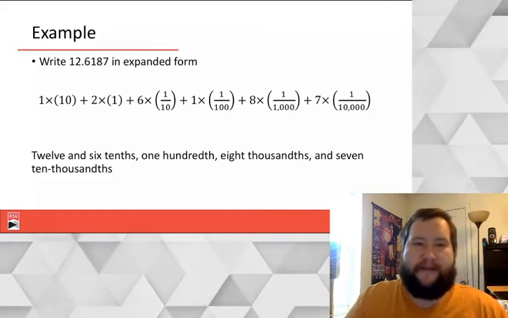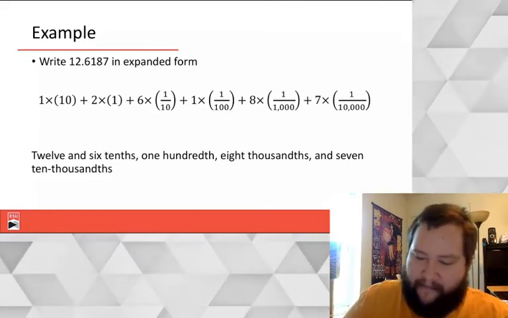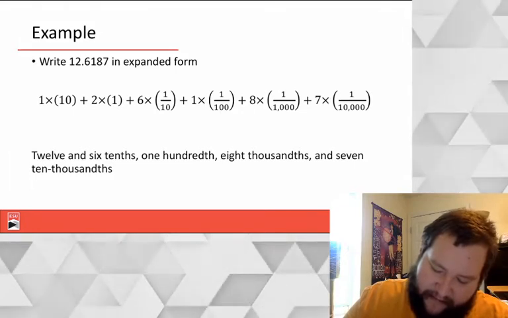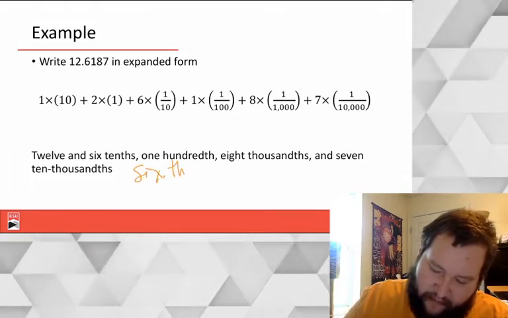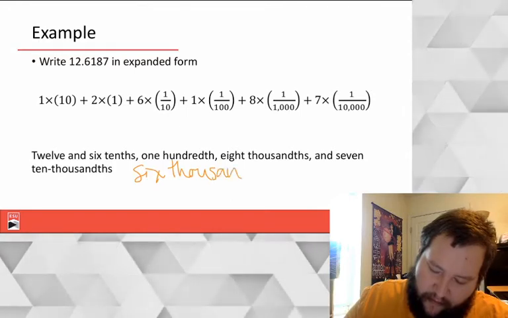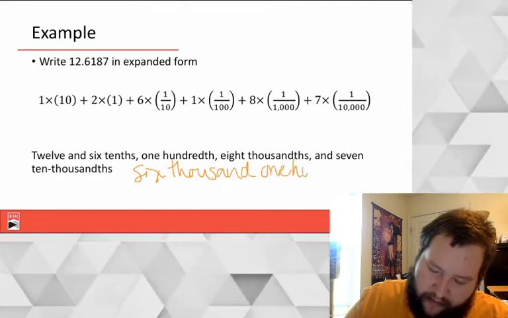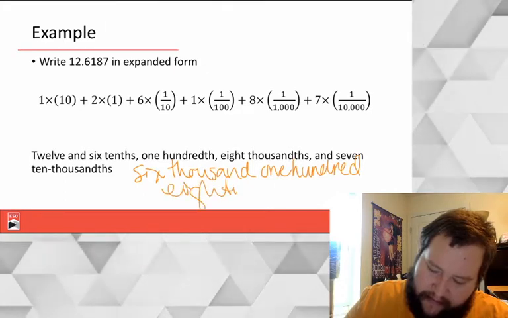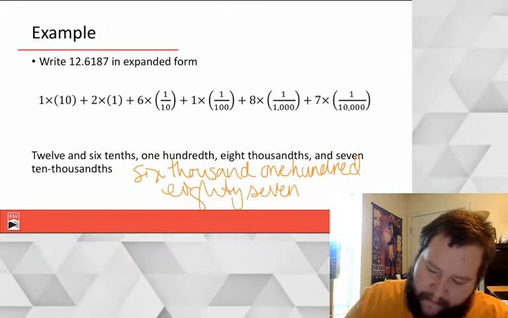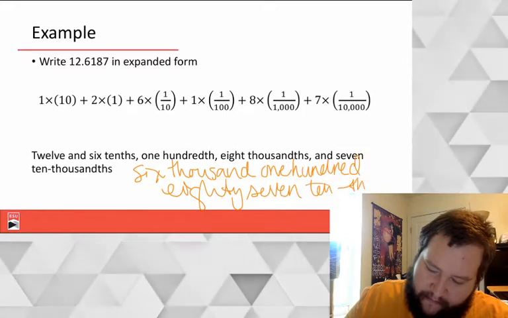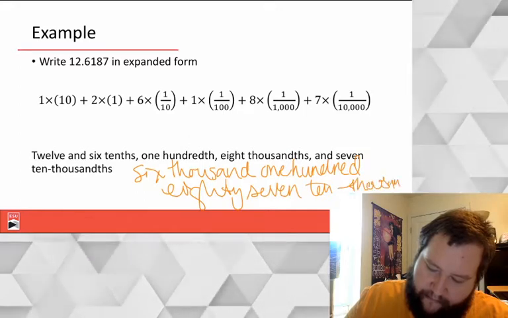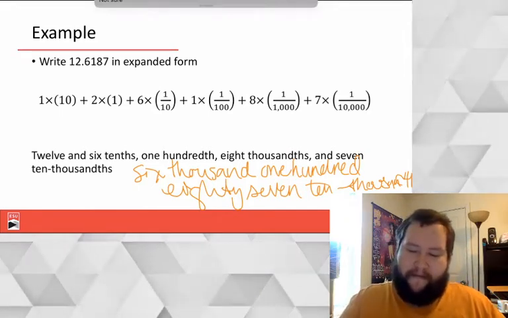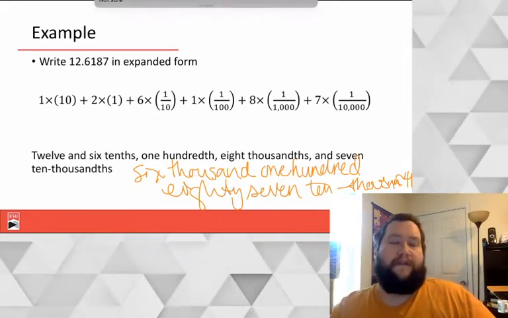Or if you wanted to, and this is a fun little fact, you could say you have 6,187 10,000ths. So there are lots of ways in words we could use these.